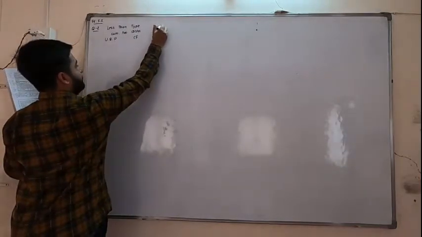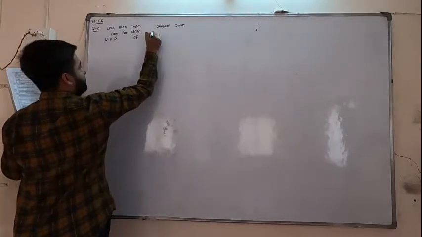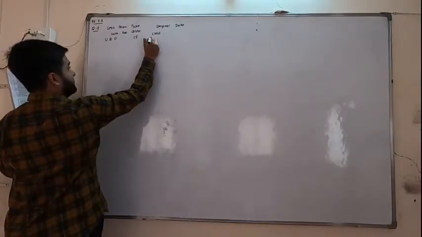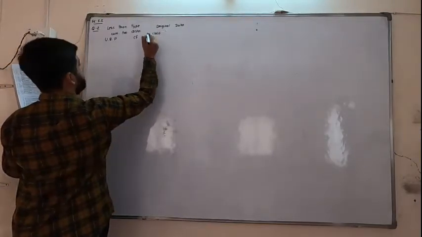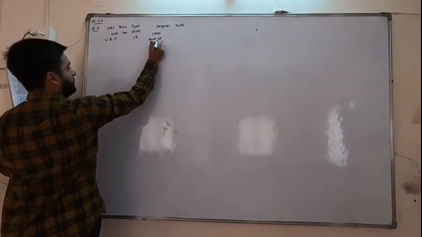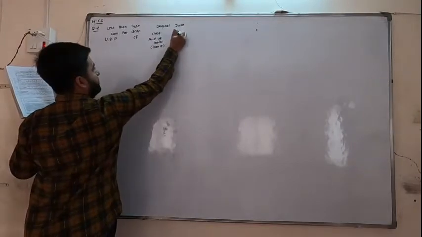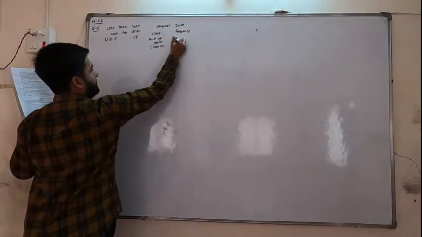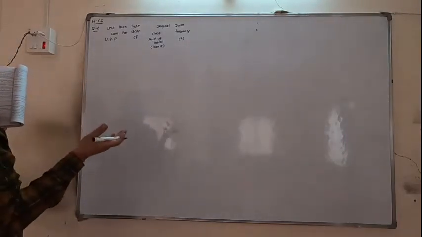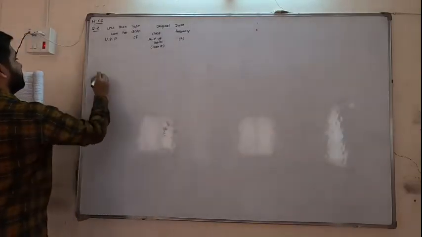Now we will find the original data, where there will be the class column, known as paid up capital in lakh rupees, and then frequency F. CF is not required because only less than type is given. If it is more than type, then we need CF, but this data is already less than type.